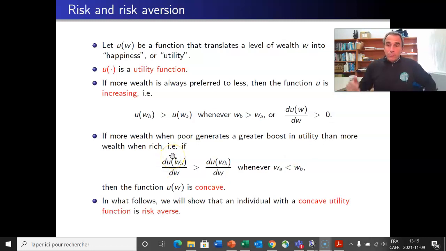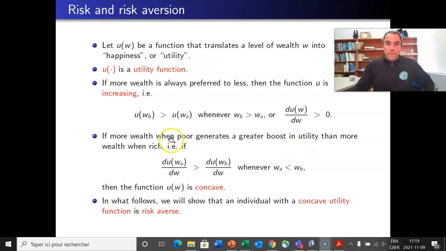So if you're a student, or if you're poor, and you have difficulty making ends meet, and someone gives you $1,000, it will generate a greater boost in utility than if you go see the CEO of a big company paid many $1 million a year, and you give that person $1,000.